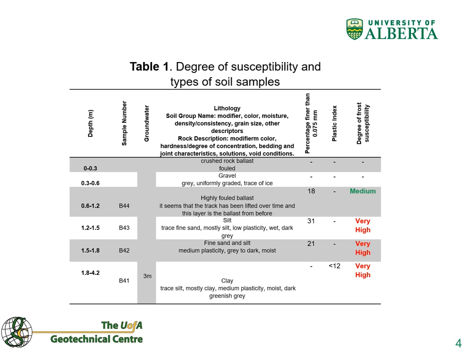So all the required factors for the development of ice lenses, which are 1, a frost susceptible soil, 2, a water source, and 3, freezing temperatures, are present at the site, and a numerical model could be a great tool to investigate the thermal regime of the embankment and potential impacts of climate conditions on the development of frost heave.